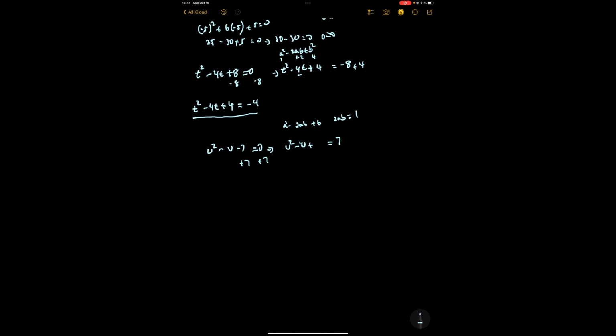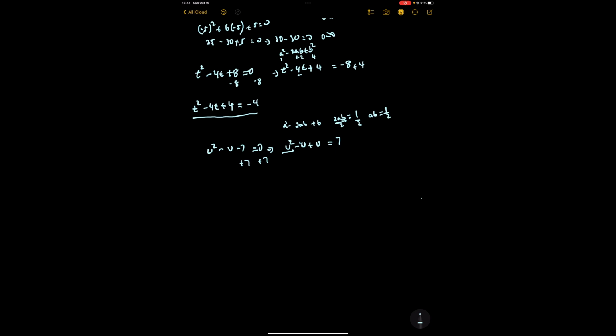Well, what we're going to do now is divide by 2 on both sides. So that will be equal to half. So that means ab equals half, right? And we know that a is equal to 1 because u squared doesn't have any coefficient in front of it. Therefore, b must be what? Must be 1, right?